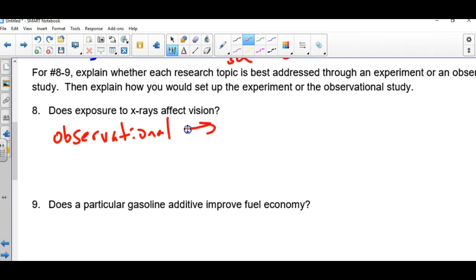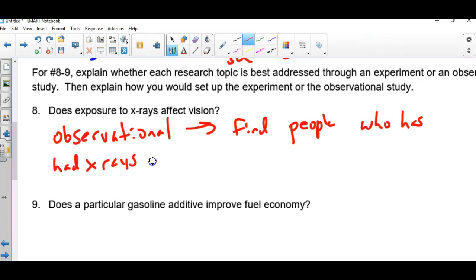The reason I say that is because, one, you don't want to expose anybody to X-rays and damage their eyes. How you would do it is you just find people who have had X-rays, and then ask about their vision. Something along those lines.